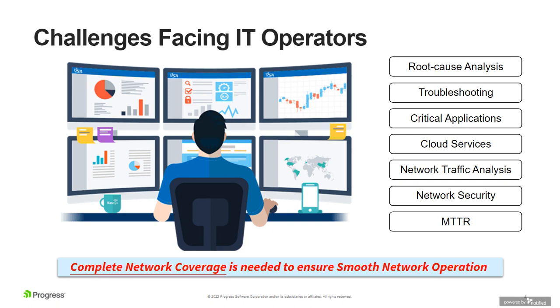They've got to analyze network traffic. They've got to, at all times, maintain a high level of network security. And that can be a full-time job in itself, just keeping everything patched, keeping everything secure, making sure that you don't have any potential openings or bugs or problems where someone can get in. And all of this at the bottom line is being measured by their mean time to resolution, or MTTR.